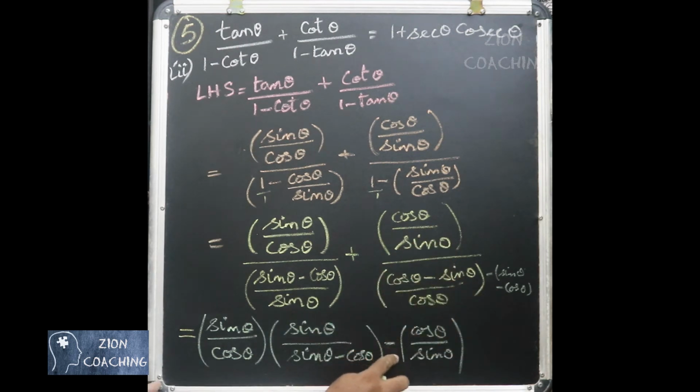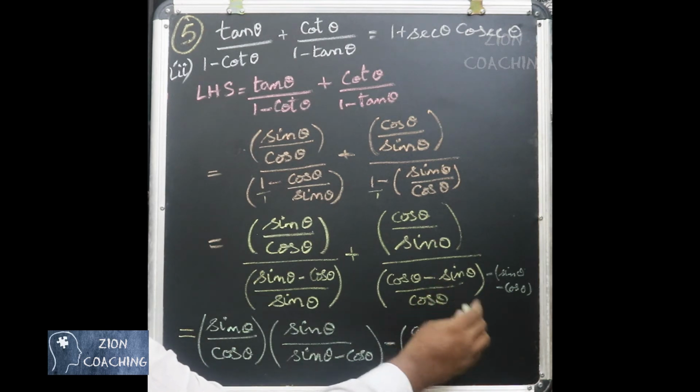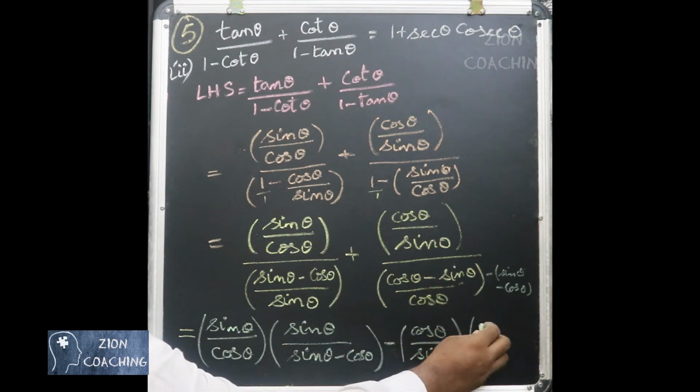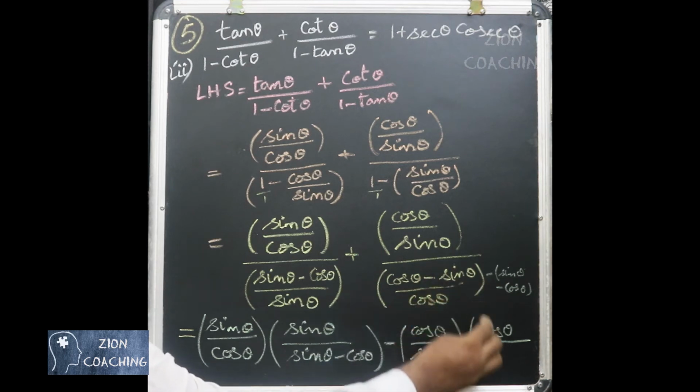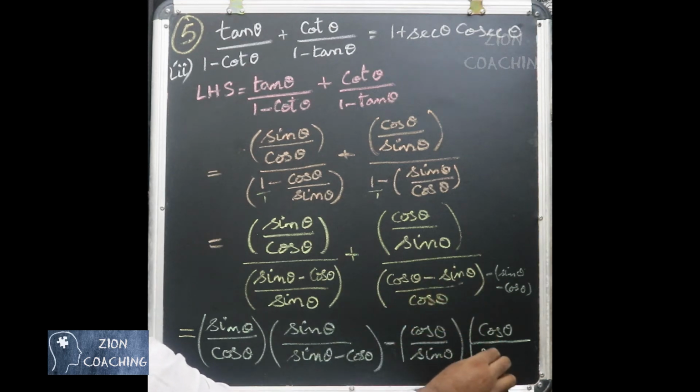So that minus symbol comes to the middle. Minus, cos theta will go to the numerator, and instead of cos theta minus sin theta, we are writing it as sin theta minus cos theta.